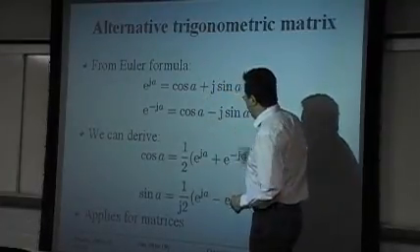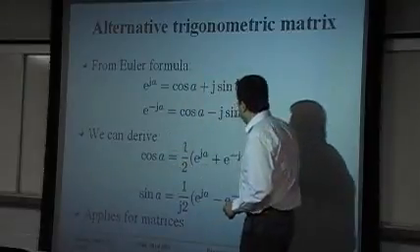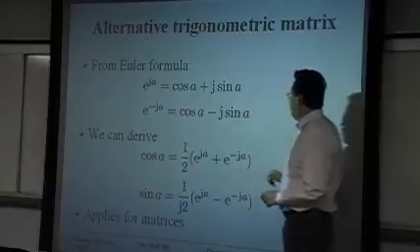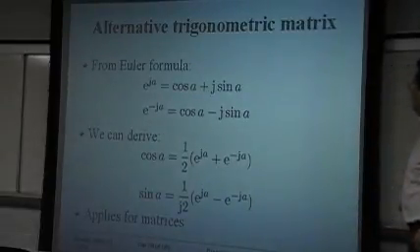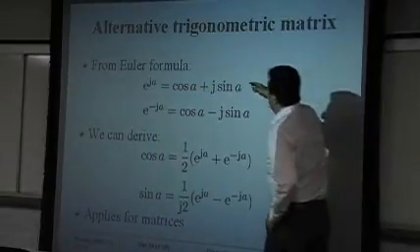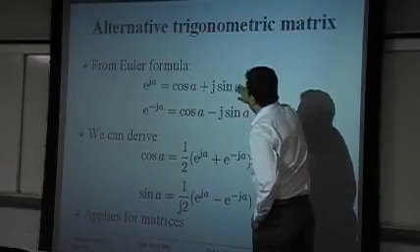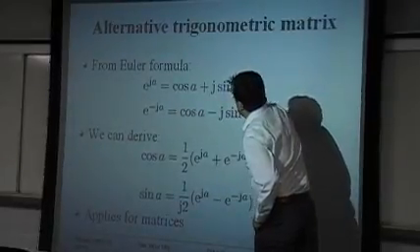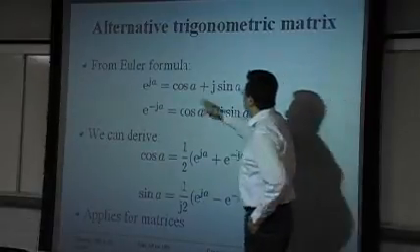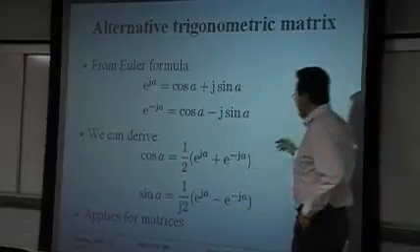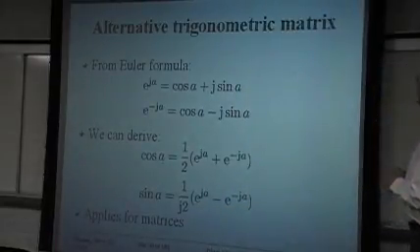And we can finally find the cosine function from the exponential functions. And if we subtract this formula from this one, the cosine terms cancel and we finally find the sine terms. This is the standard way to find the sine and cosine functions.